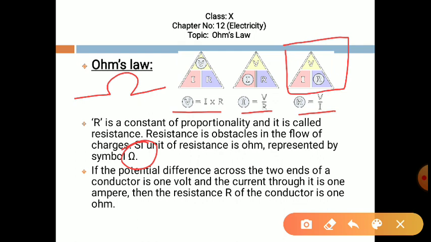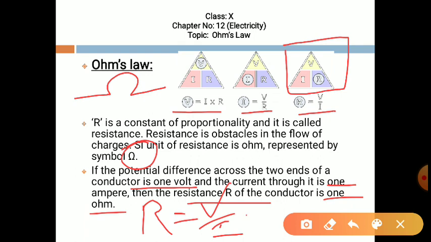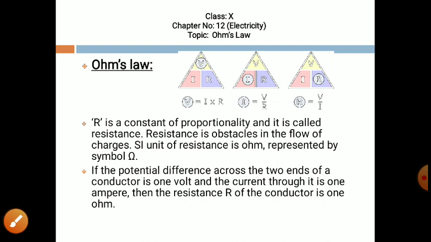And if the potential difference across the two ends of a current carrying conductor is 1 volt, and the current through the conductor is 1 ampere, then the value of R of the conductor is 1 ohm. R will be 1 ohm if V by I, that means V is equal to 1 and I is equal to 1, 1 divided by 1 is equal to 1, hence the value of R comes out to be 1 ohm.